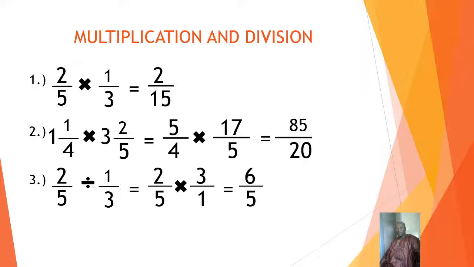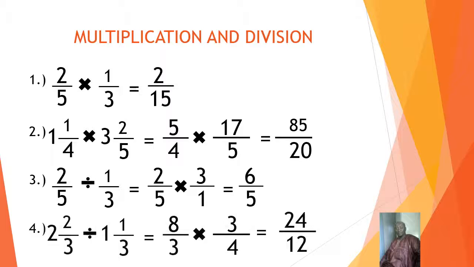Let's look at another example. For this division, we'll be looking at two mixed fractions dividing each other. The first one being 2 whole number, 2 over 3, divided by 1 whole number, 1 over 3. As you know, we need to resolve the mixed fractions into normal fractions, which would give us what? 2 times 3, which is 6, plus 2, which is 8, over 3, and 3 times 1, plus 1, which is 4, over 3.